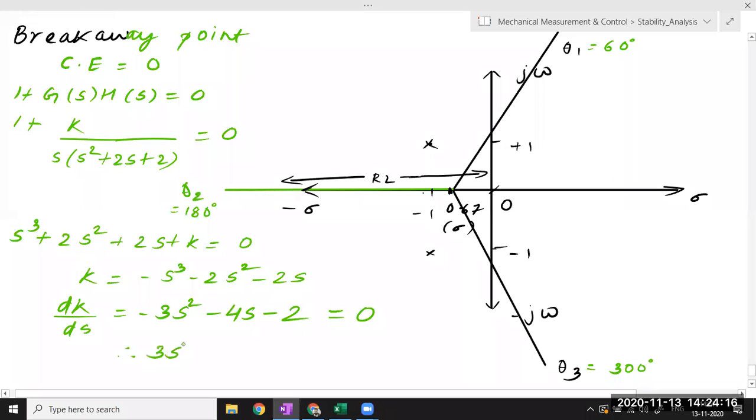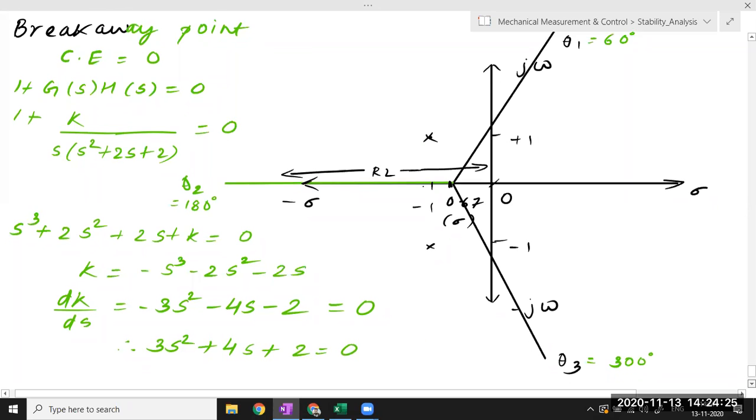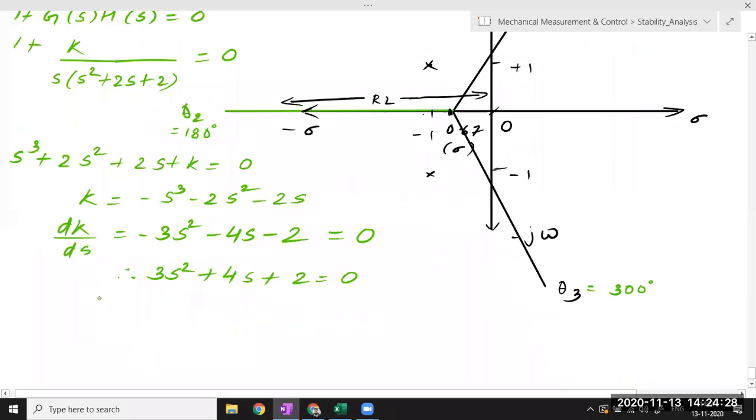Therefore, 3s square plus 4s plus 2 will be equal to 0. Can anyone solve this equation in the calculator and tell me what is the value? We can solve it either way, but I want you to solve it in the calculator directly. Tell me what are the values of s?